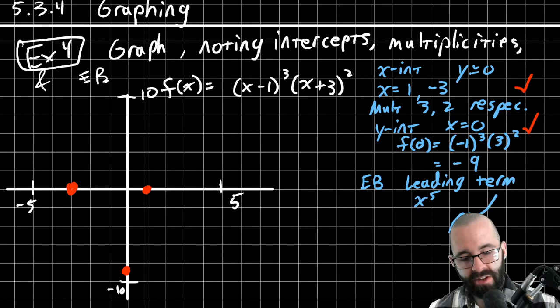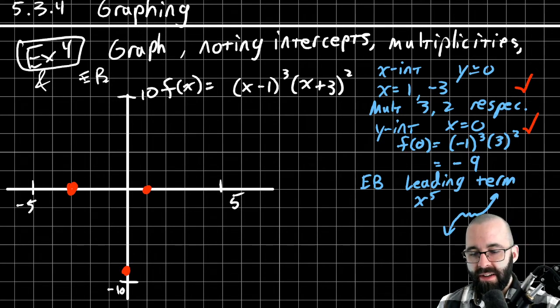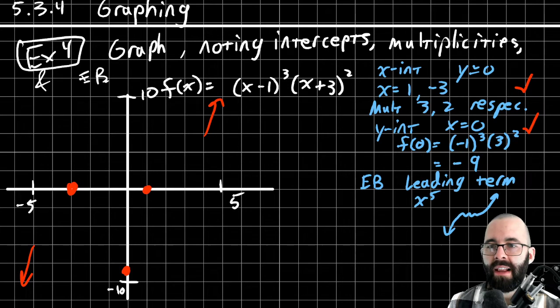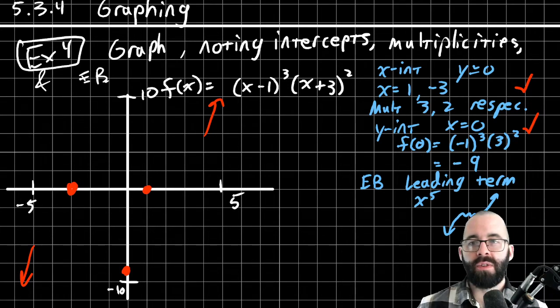So the end behavior looks like this. So let's incorporate that. It's going up to the right and down to the left. Now we just need to fill in the blanks. So as soon as we know the end behavior, that tells us what these zeros look like.